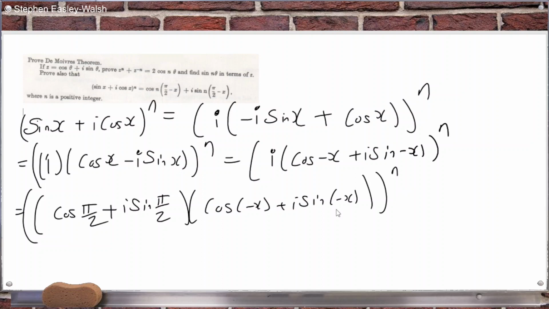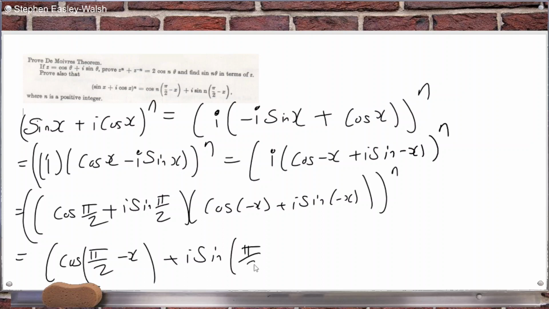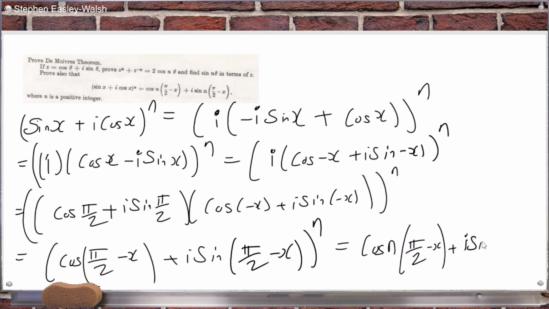When you multiply numbers in polar form, you add the arguments. So this becomes (cos(π/2 - x) plus i sin(π/2 - x))^n. Use De Moivre's theorem. That's cos n(π/2 - x) plus i sin n(π/2 - x).